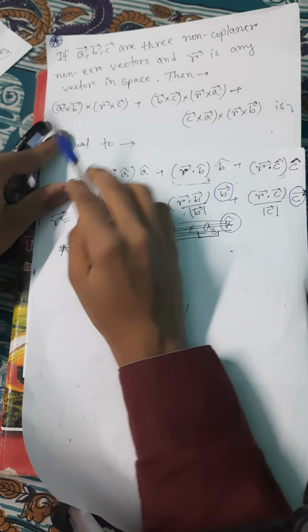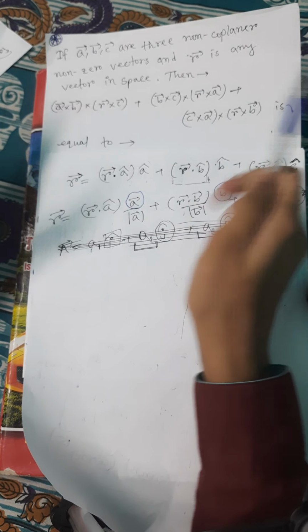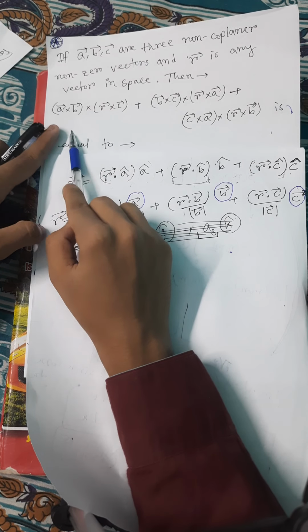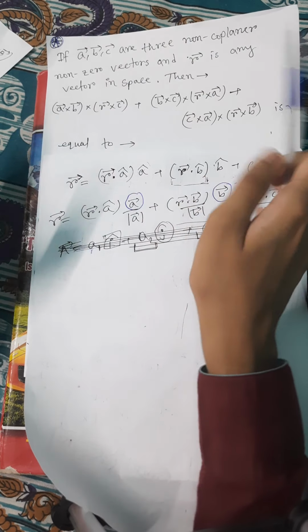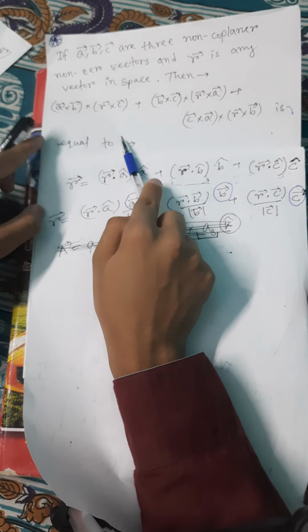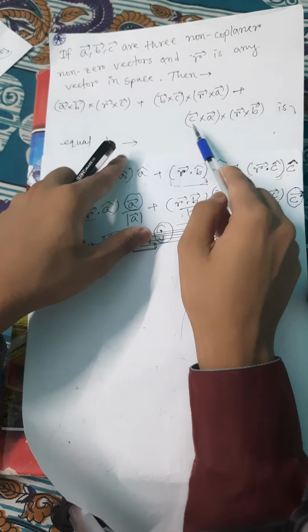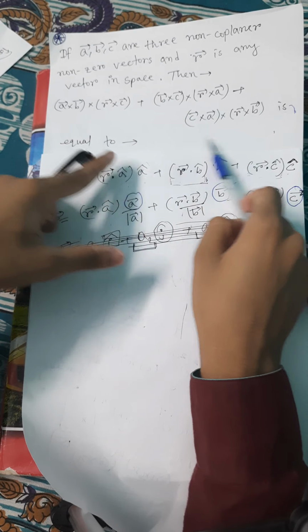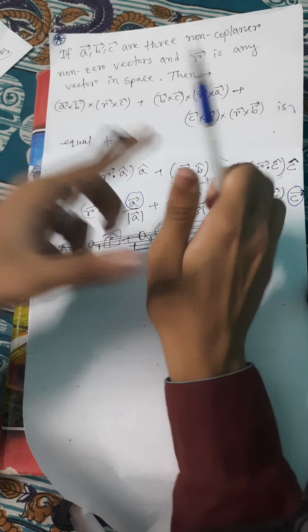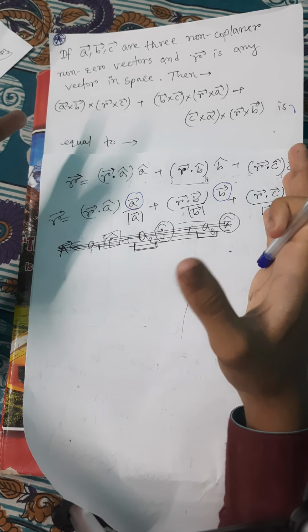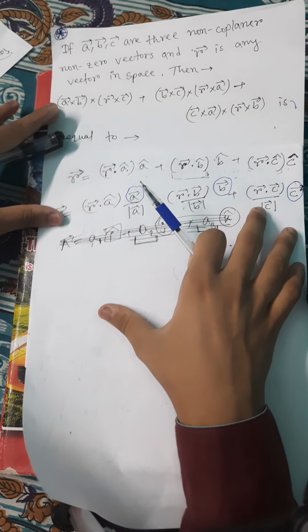This part was crucial, because we will be using this trick to solve this question. Otherwise you have to expand it hugely. You first take A cross B cross C and expand it, then another vector product will come in that expansion, and you have to expand that also. You would double expand A cross B cross C and get a clumsy expression, and solving that would not be easy.